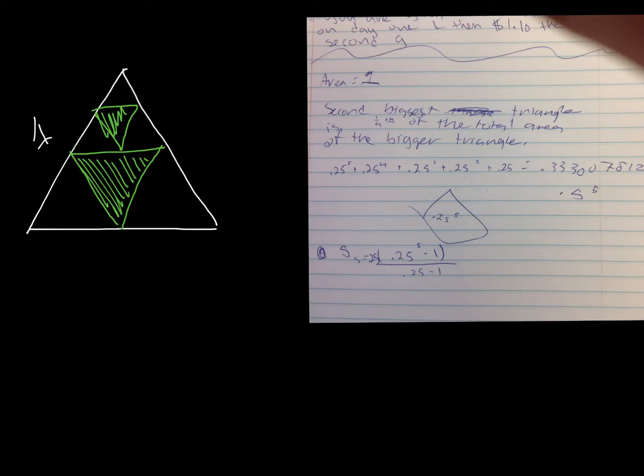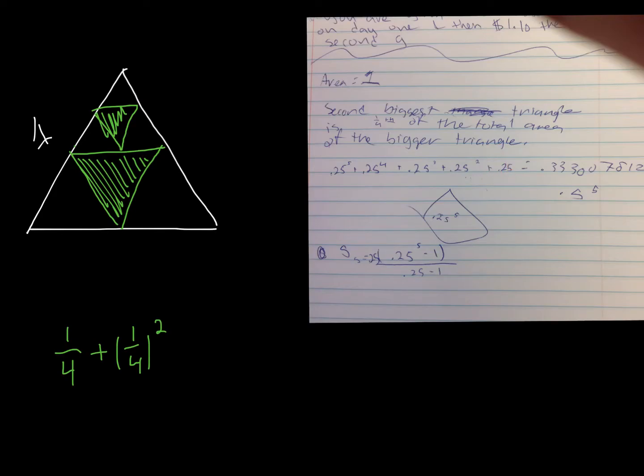So if I start writing out the sum here, the first triangle has an area of 1/4. The next one is 1/4 of that, so it's going to be 1/4 times 1/4, which is 1/4 squared. If we take a look here at some work, this is the exact same thing we just talked about. The second biggest triangle is 1/4 of the total area of the bigger triangle, and that just continues on.